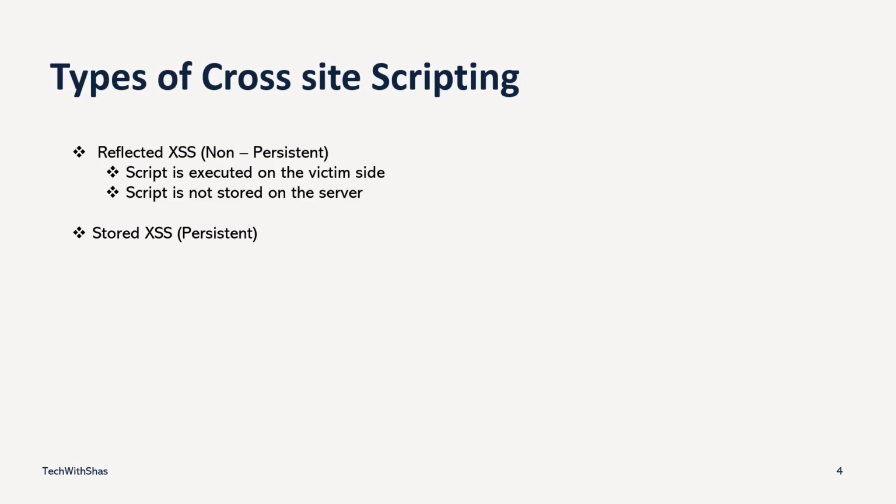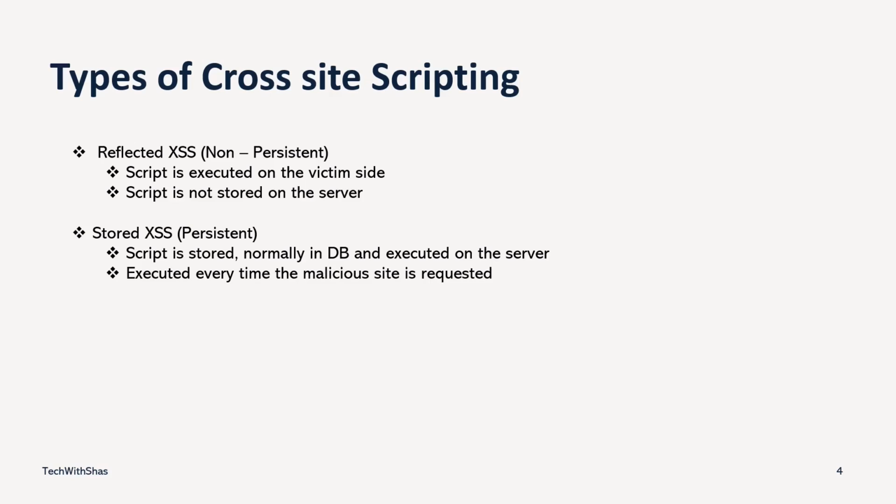The second type of attack which can happen to our website is the stored attack, like stored cross-site scripting. In this, the attacker is able to save their malicious script into the backend database or the backend web server. So every time a new user tries to load that page or visit the website, it will execute that malicious script again and again.